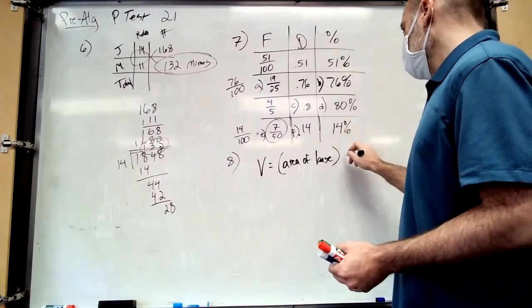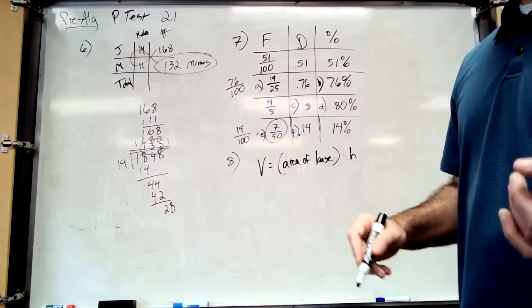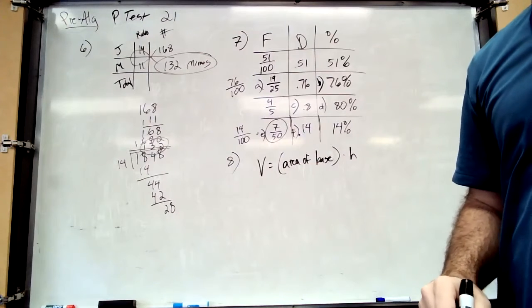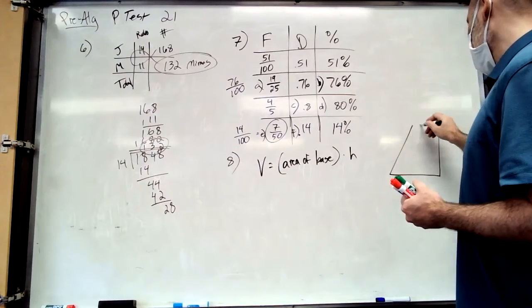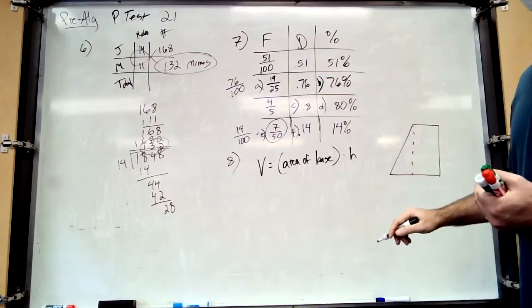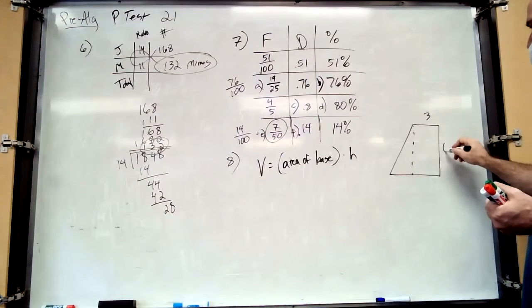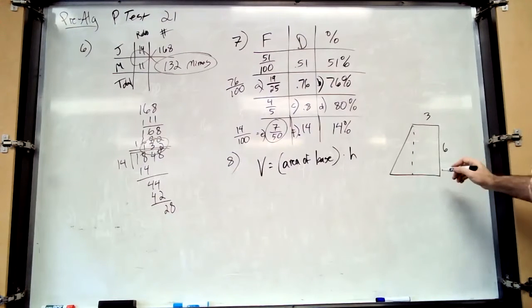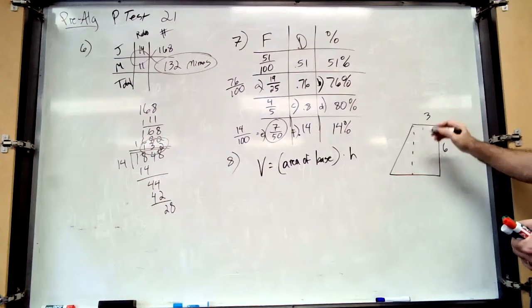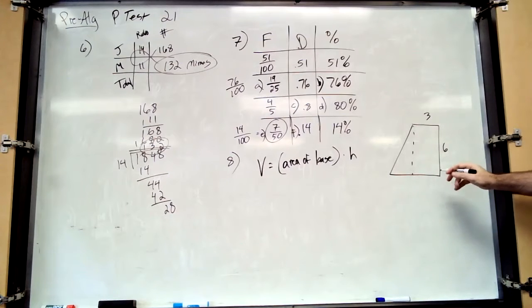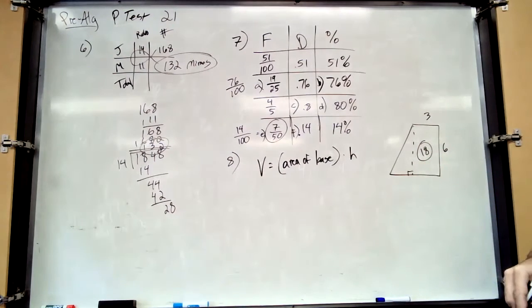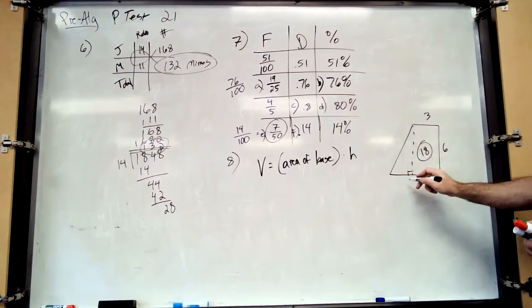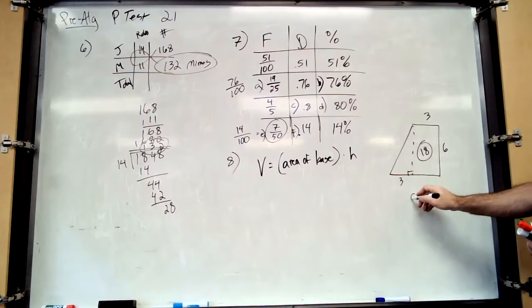Okay? Because, well, we can find the area of that base, right? That's just 2 different shapes. So this is a 3x6 rectangle. What's the area of that rectangle? 18. Okay, and then let's see here. If that's 3, then this has to be 3 because the whole thing is 6, right?